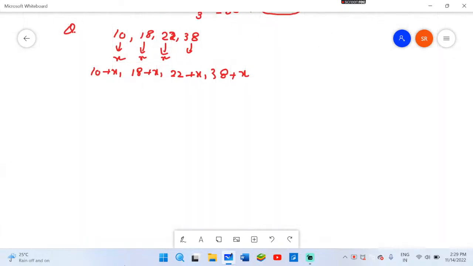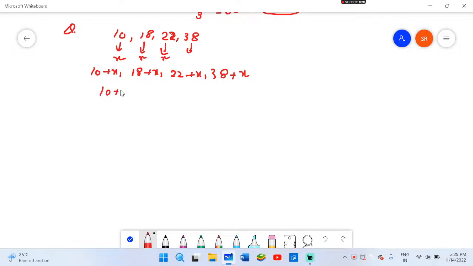Now the property says these are in proportion, that is 10 plus x is to 18 plus x is same as 22 plus x is to 38 plus x.